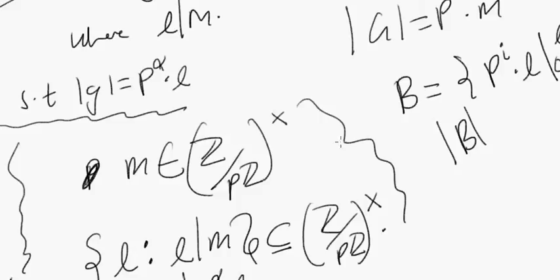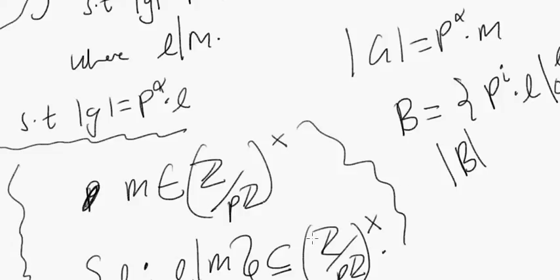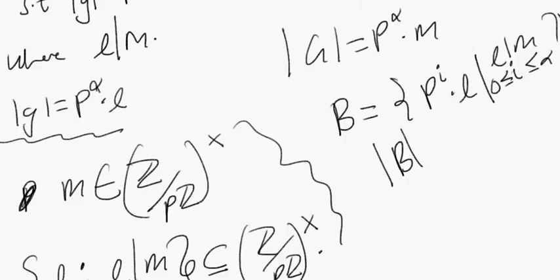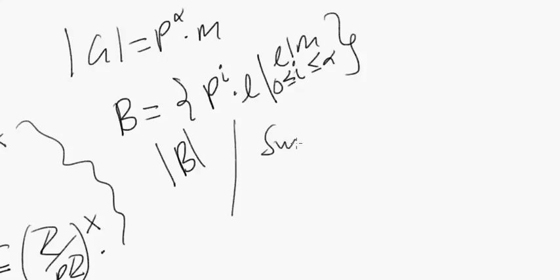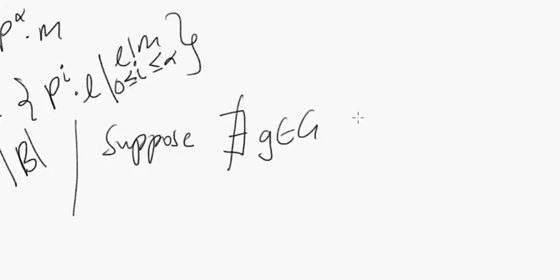Well, let's try contradiction. Suppose the statement is not true, right? Suppose there does not exist a little g element of G such that the order of little g equals p to the alpha times L. So there is no subgroup which is of the form p to the alpha times L. What does that mean?